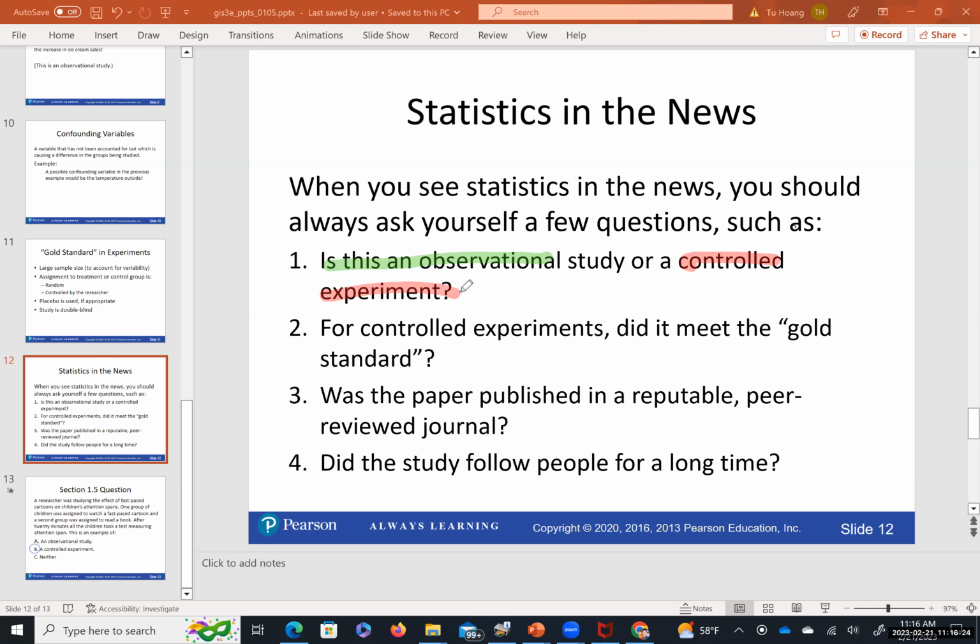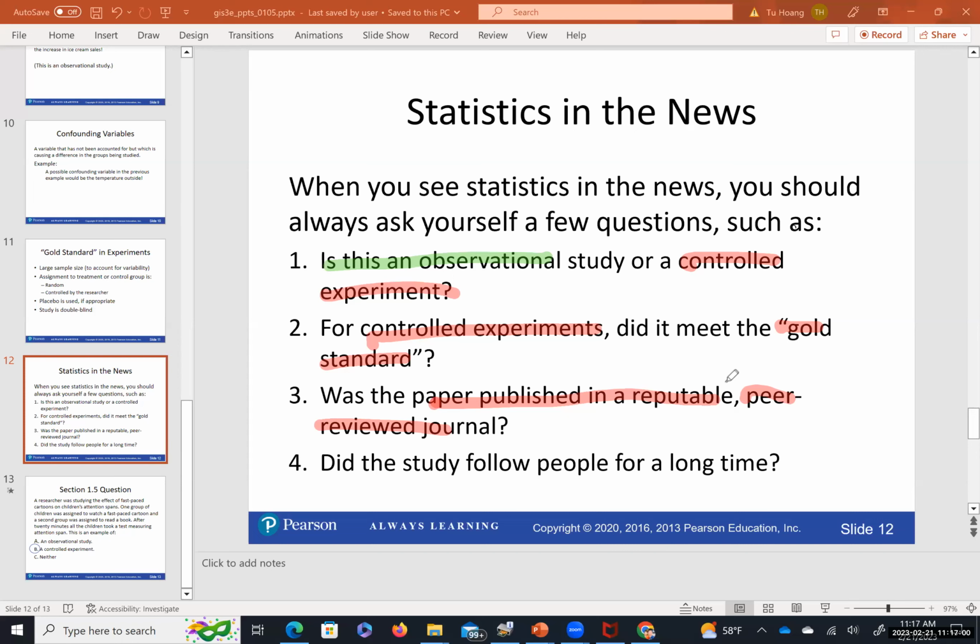If it is control experiment, did it meet the gold standard, right? And then was a paper published in the reputable peer-reviewed journal, right? So then it's a valid news, or I mean more qualified, more quality.